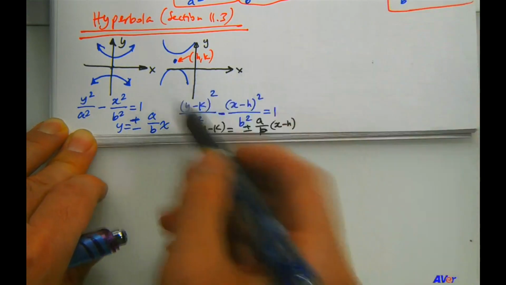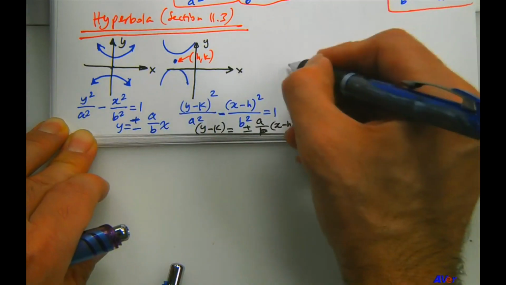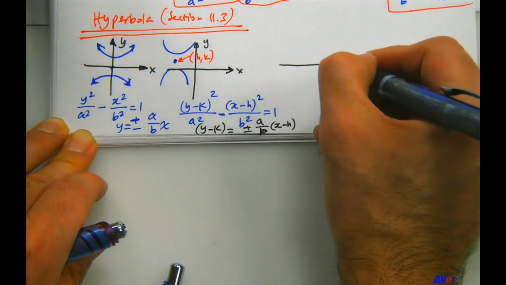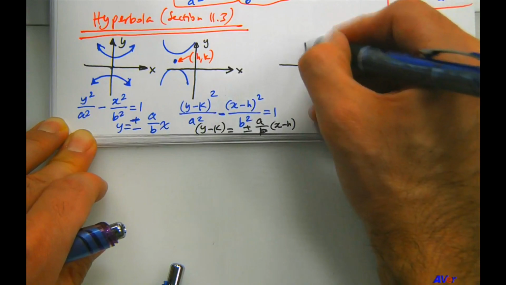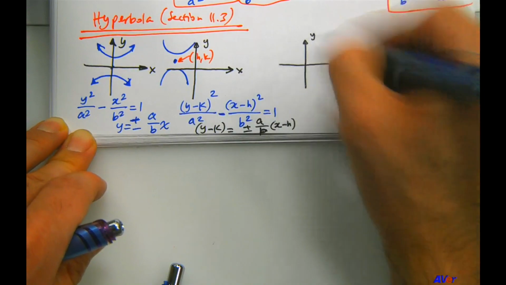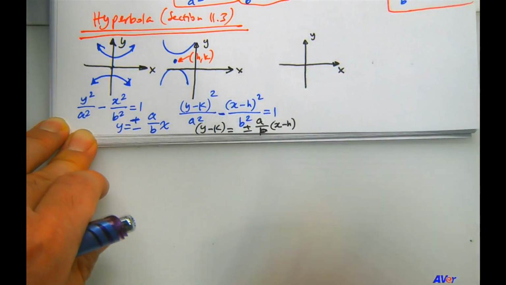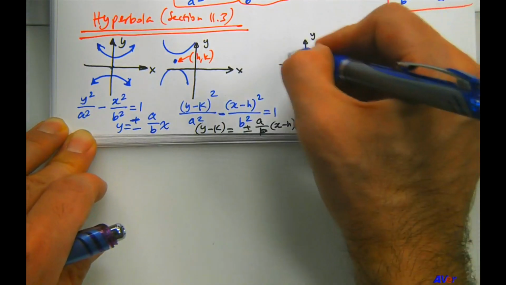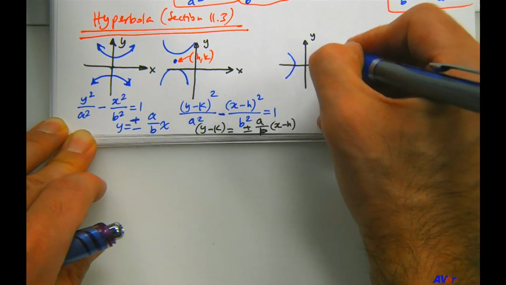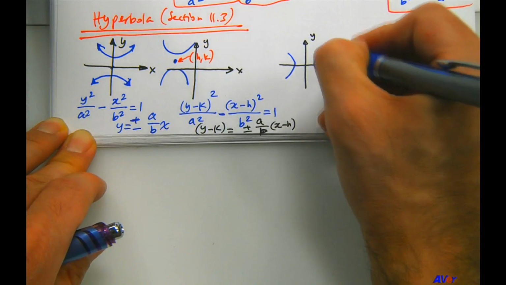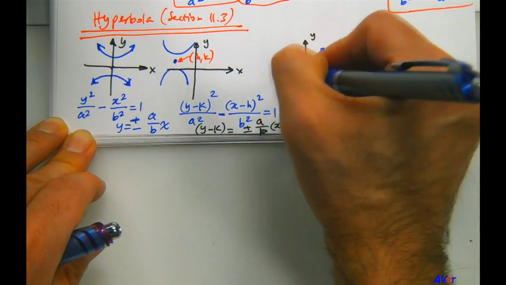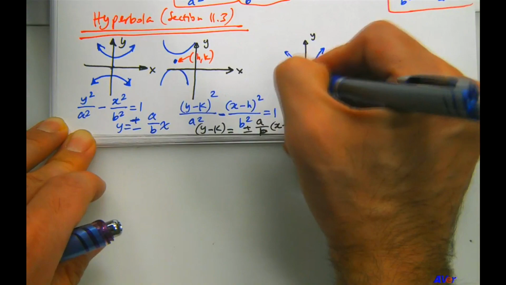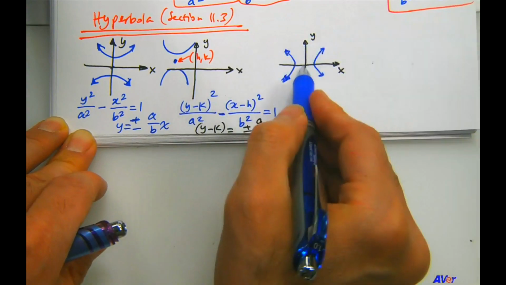So let's do the same thing for the horizontal hyperbola. If we have a horizontal hyperbola here, let's say like that and like that, the center here is at the origin.